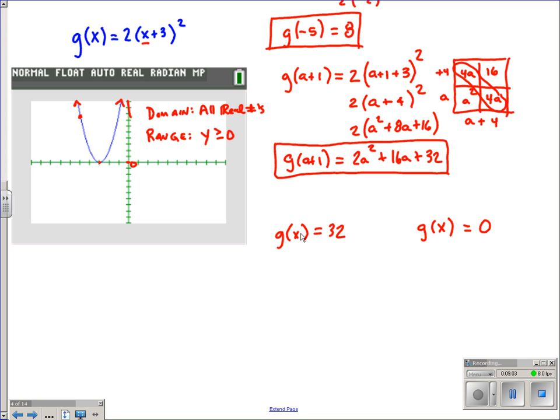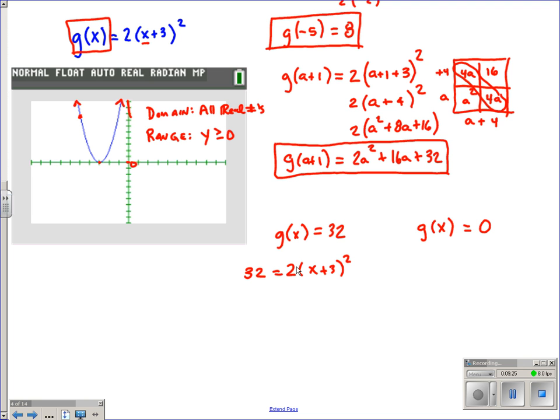Well, since g of x equals 32, I'm going to replace the g of x in my original equation. I'm going to substitute 32 in its place. So we have 32 equals 2 times the quantity of x plus 3 squared.